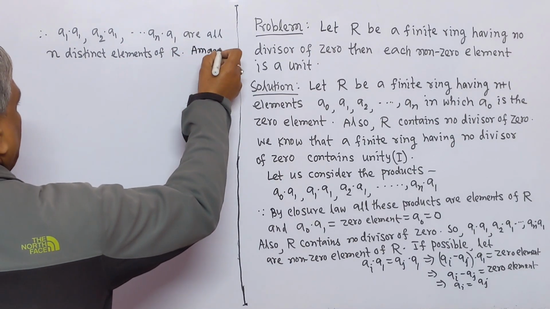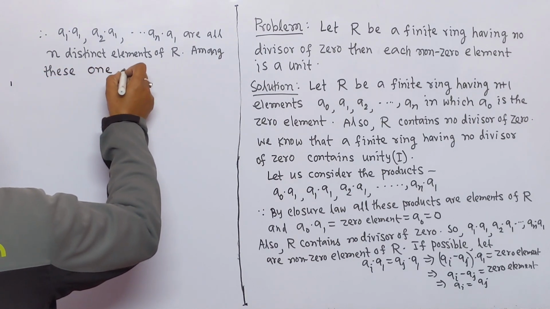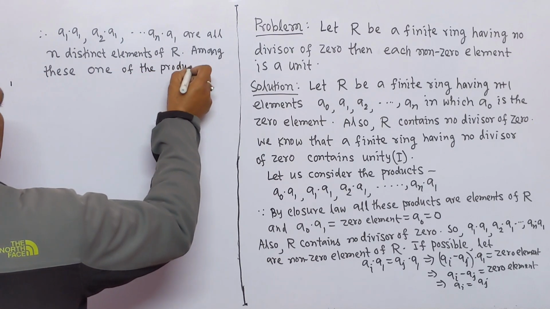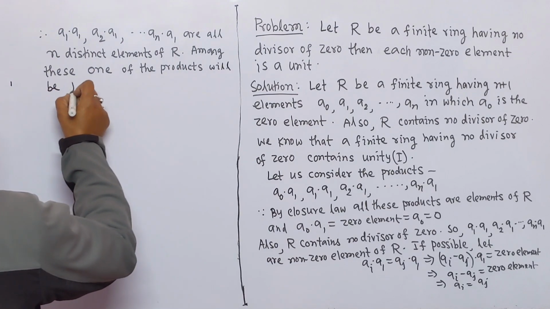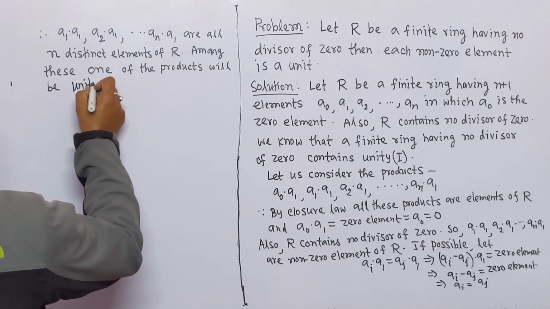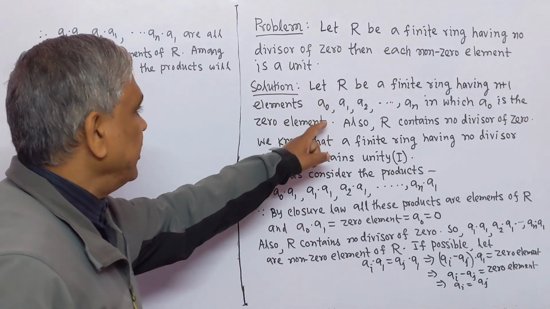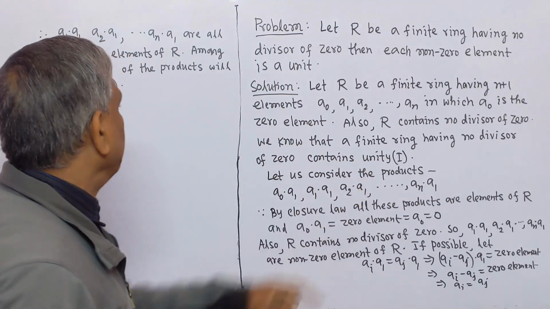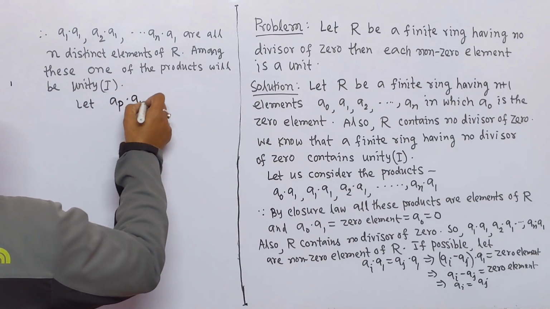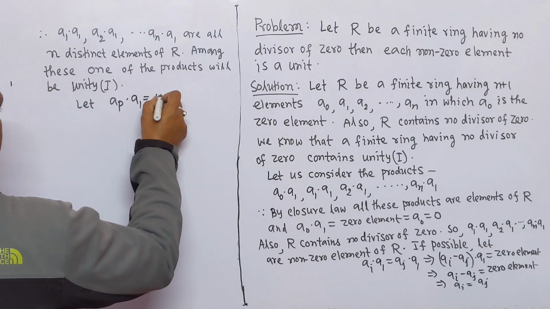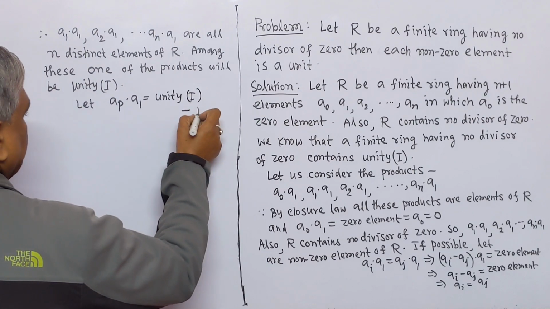Among these, one of the products will be unity I. Since this ring contains unity, let ap multiply a1 equal unity I. This is number 1.